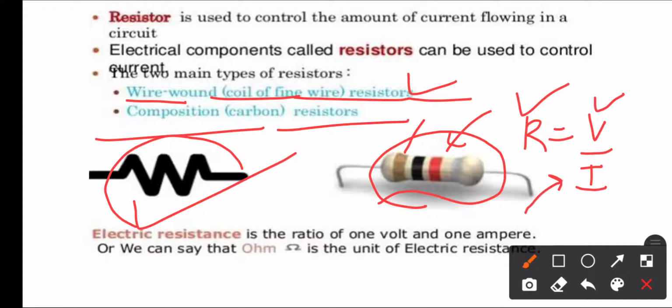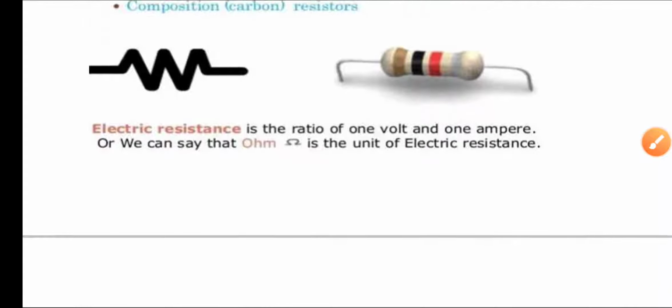If you want to see the history in depth, why the unit of resistance is ohm, why the unit of voltage is volt, and why the unit of current is ampere, you can visit our channel's playlist, and there you can see the video history of electricity. Okay, guys.